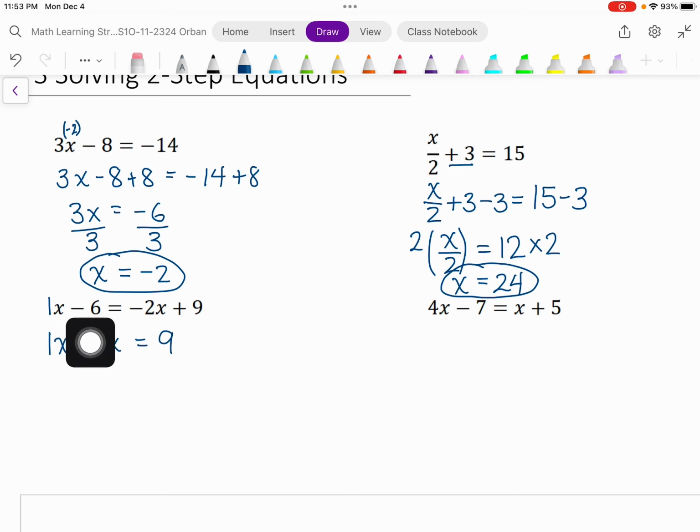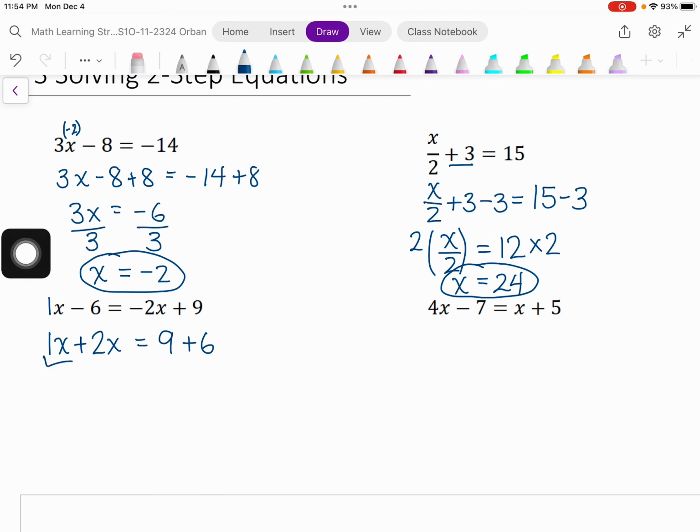And then I had a subtraction of 6 on this side. To move it to the other side, I'm going to add it. I'm going to have plus 6 here. So negative 6 plus 6 on this side becomes 0, and on this side, negative 2x plus 2x becomes 0. So now I have moved those. So each side has either just x's or numbers with no x's.